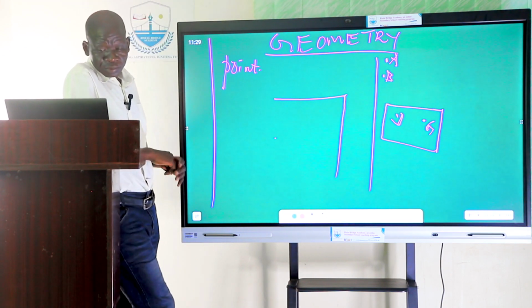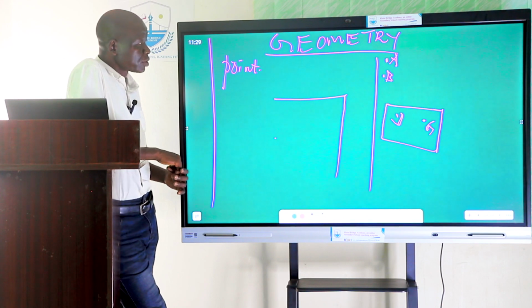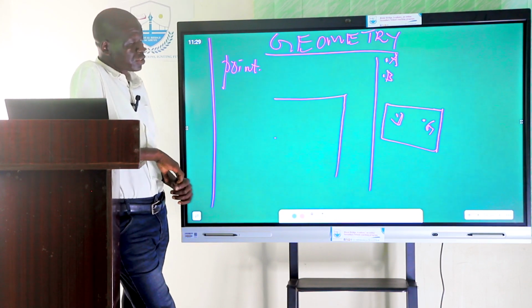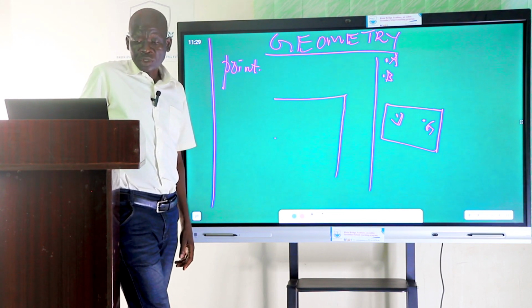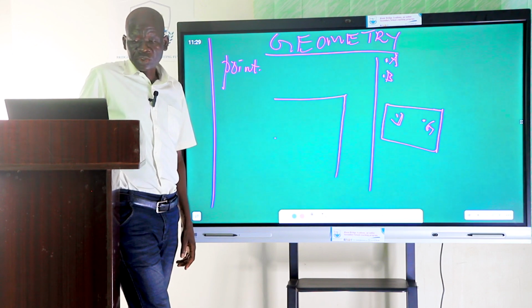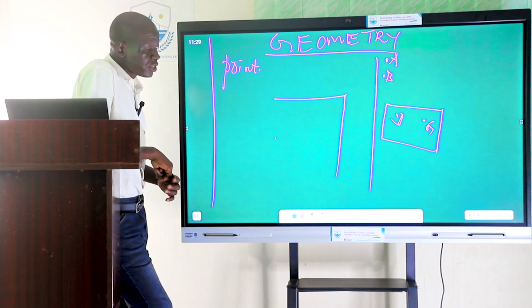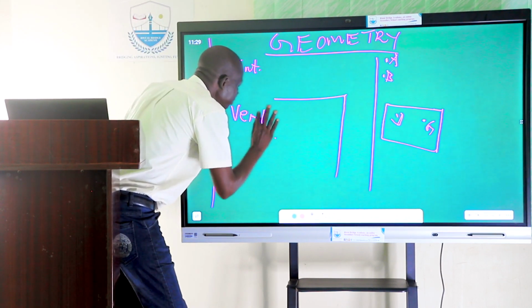Then we also have other terms where we have what we call figures and then what? Vertices. A vertex. The vertex is the singular name for what we call vertices. The plural is the vertices. When it is one, we call it a vertex.